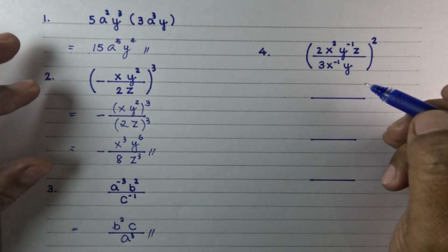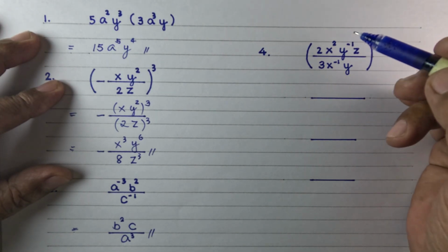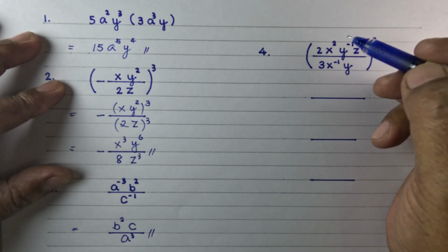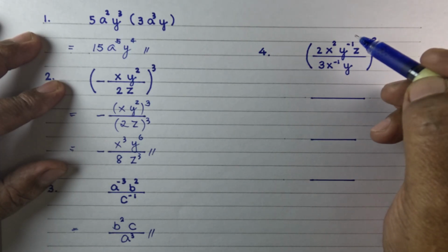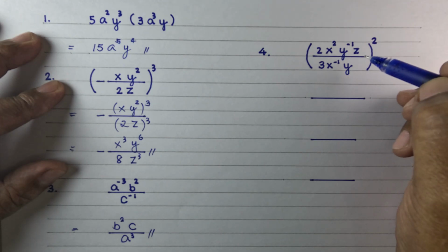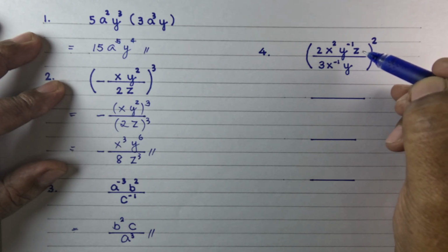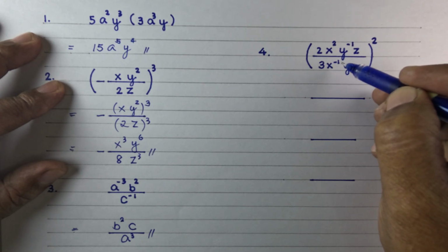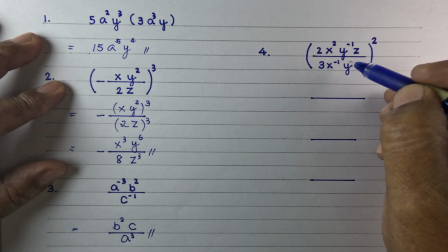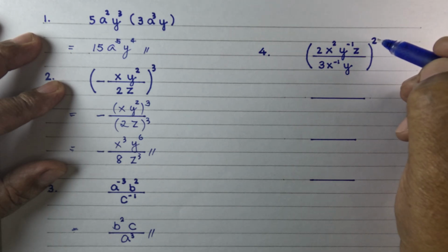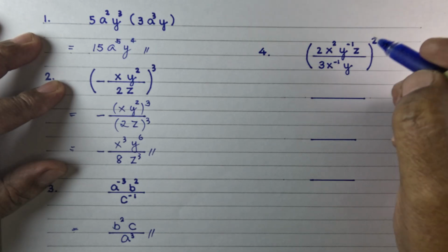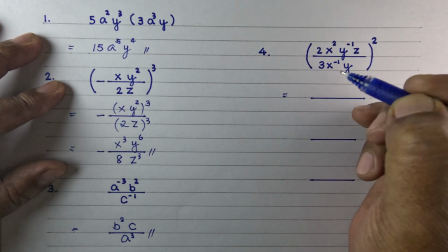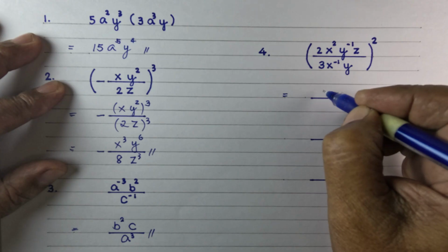Now, how about this? Let's simplify the quantity 2x squared y to the minus 1 z over 3x to the minus 1 y, raised to the second power. So that's 2x squared.